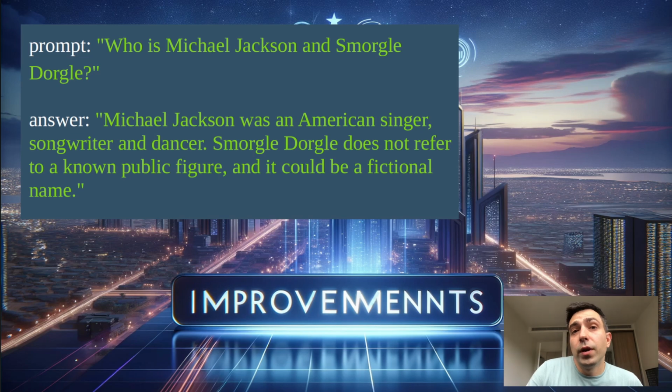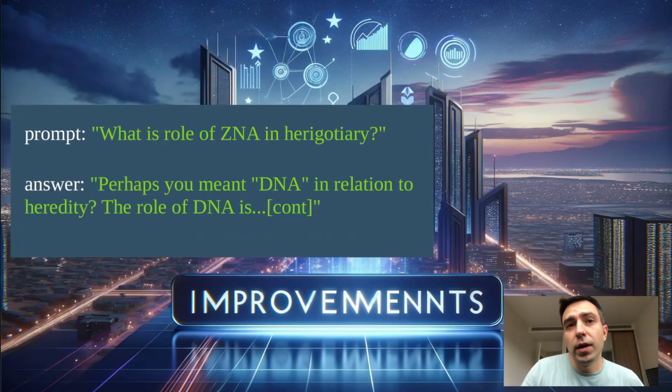So then you should also include 2 spelling mistakes, not 1. For example, what is a role of DNA and hereditary? I don't know. Perhaps you meant DNA in relation to heredity. The role of DNA is so on and so on. This further enforces the need to gravitate towards known terms and err on the side of caution with regards to interpreting unknown words.